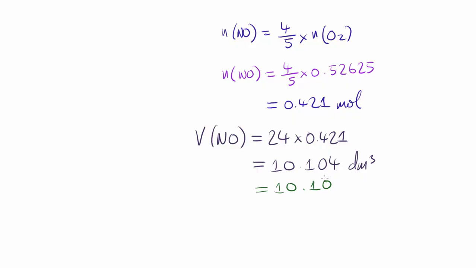The 0 is a bit redundant. Given we do not have to give our answer to exactly 2 decimal places, we can just write equals 10.1 decimeters cubed. This is to 1 decimal place, which is within what the question is asking us to do. So this is what the volume occupied is in this case.